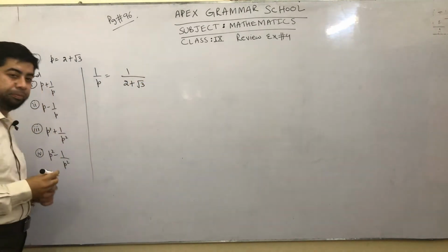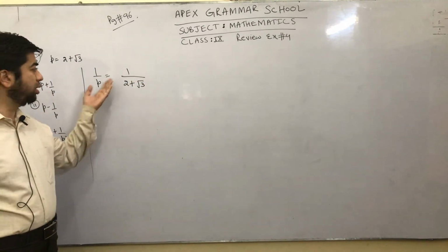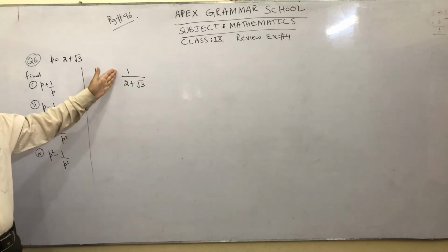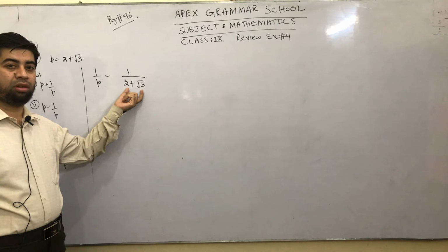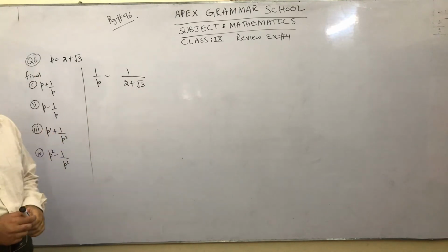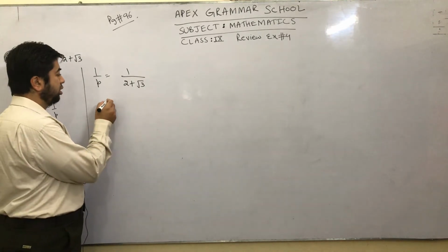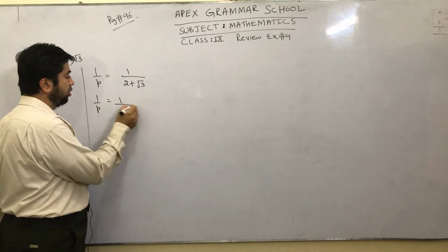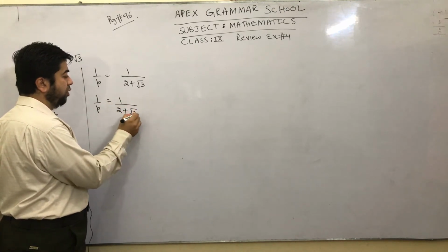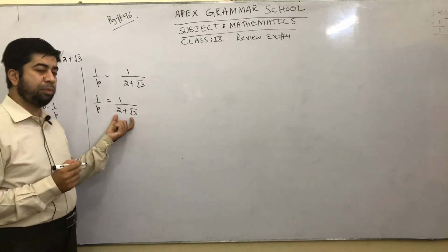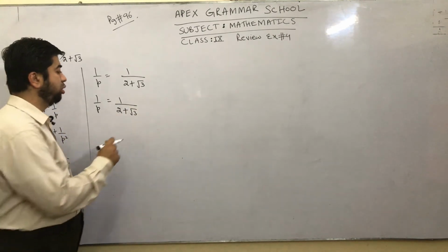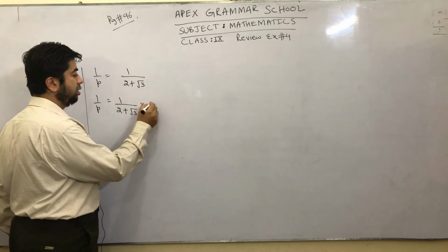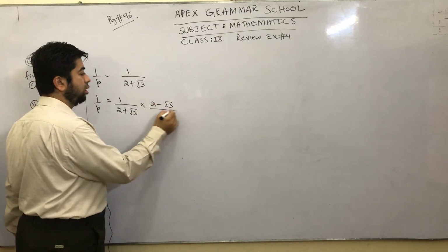You very well know that in this denominator the value is an irrational number, so you have to rationalize it. How to rationalize? You multiply and divide by the conjugate of 2 plus square root 3. What is the conjugate? That is 2 minus square root 3.